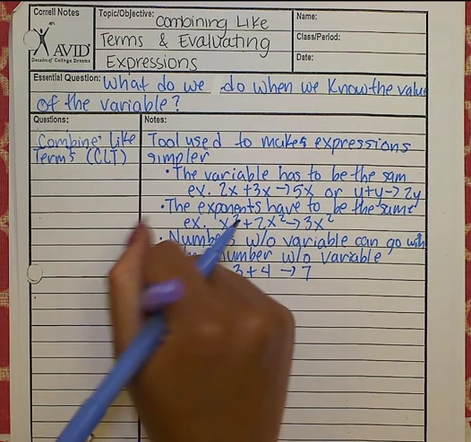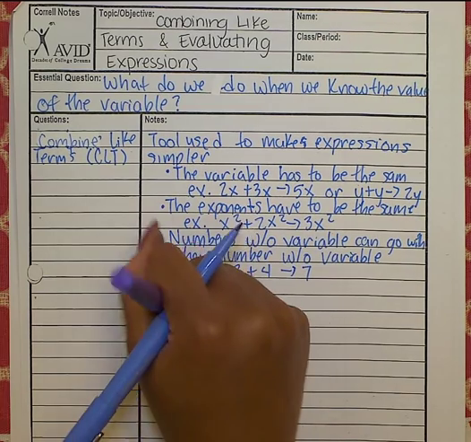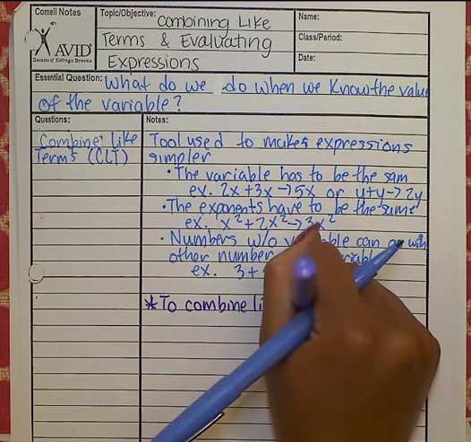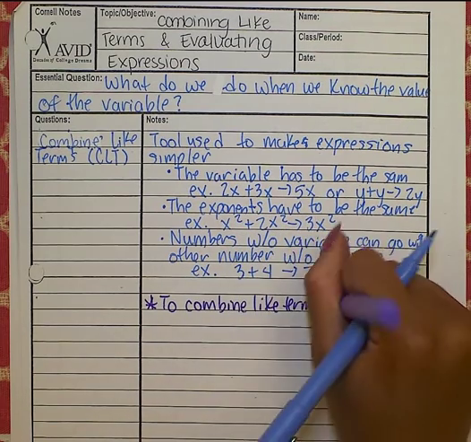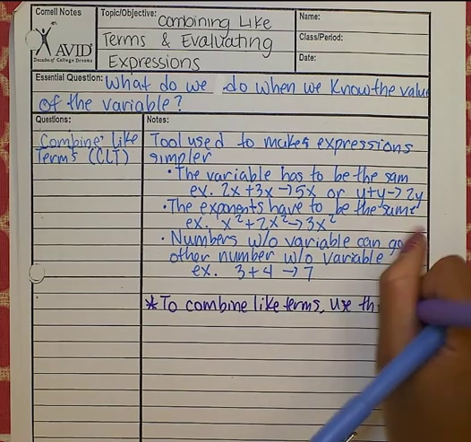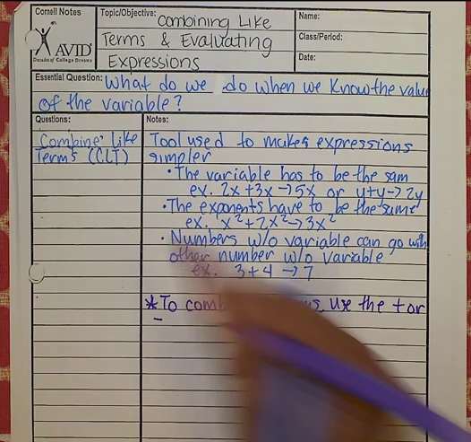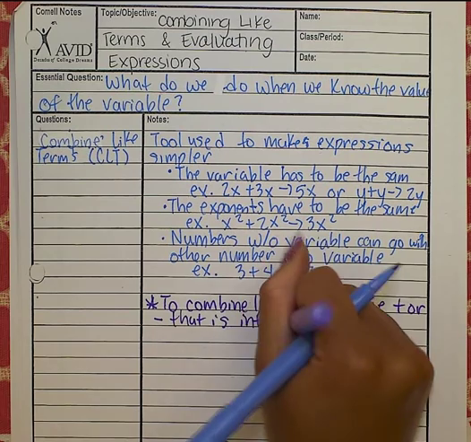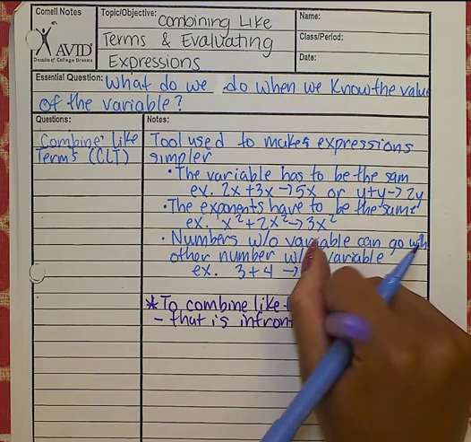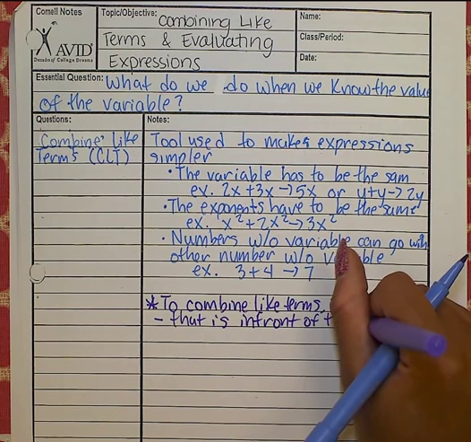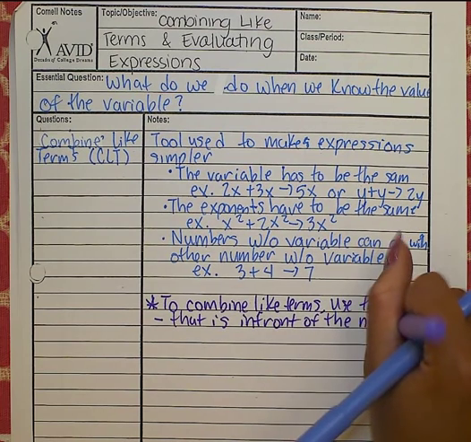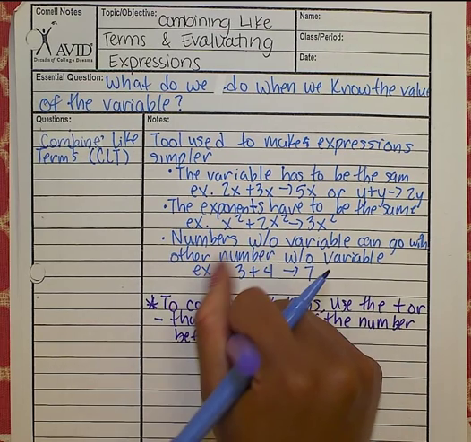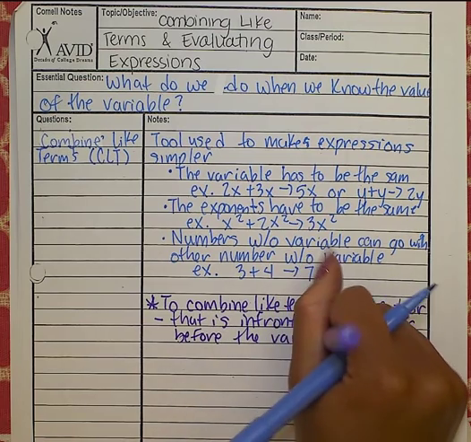So, I want to highlight one main point. In order to combine like terms, you have to use the plus or minus sign that is in front of the number before the variable, or in other words, before the term.